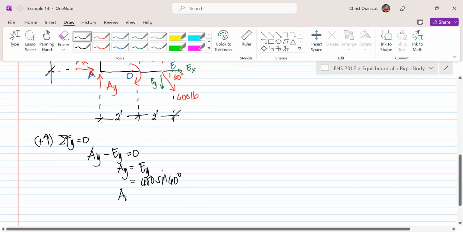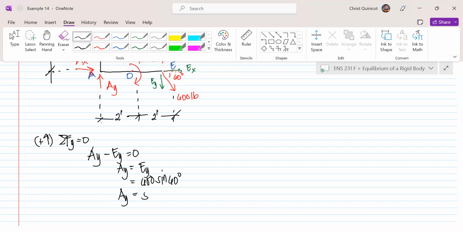So our A sub y is equal to 600 sine 60, and that is 519.615243 pounds. And since we ended up with a positive answer, our assumption is correct that A sub y is indeed going up.